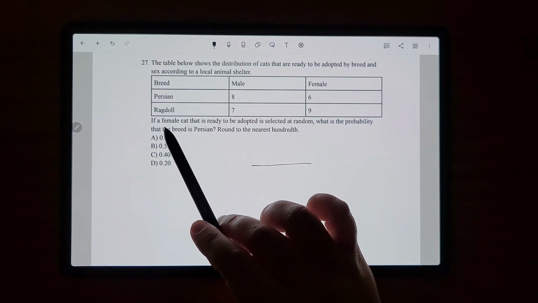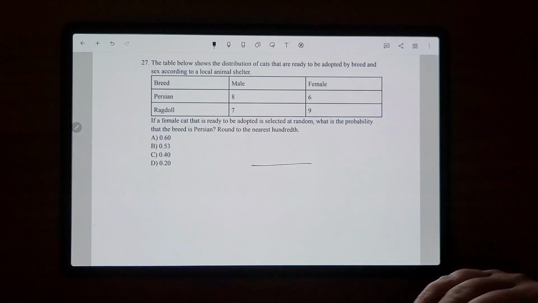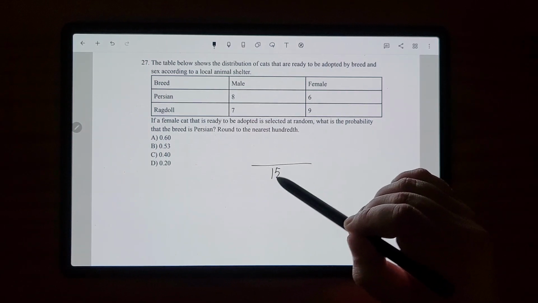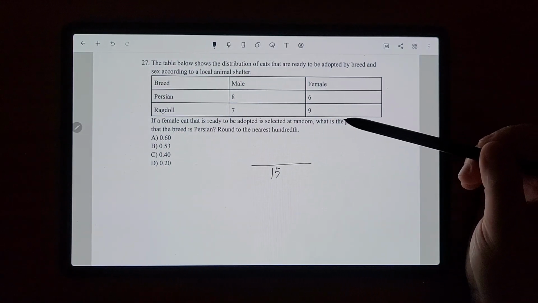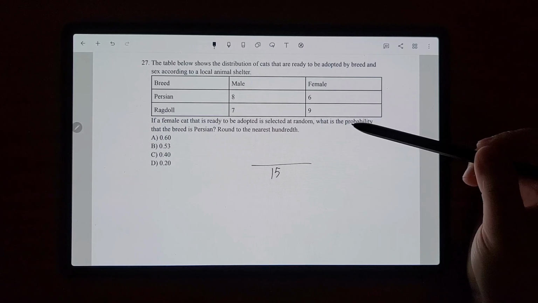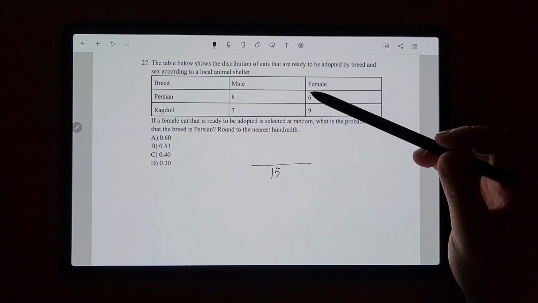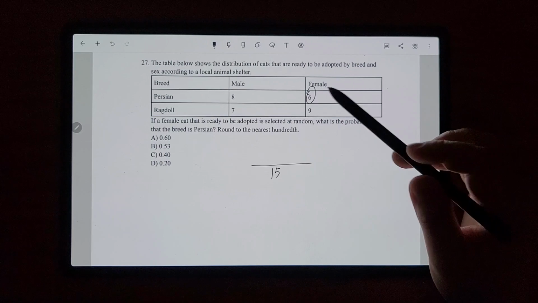You have to think of the population you're picking from. It's saying that your only options to pick from are the female cats. So you're picking out of a total of 15, because 6 plus 9 is 15. The desired outcome, what you're being asked about, is that you have a Persian cat breed.